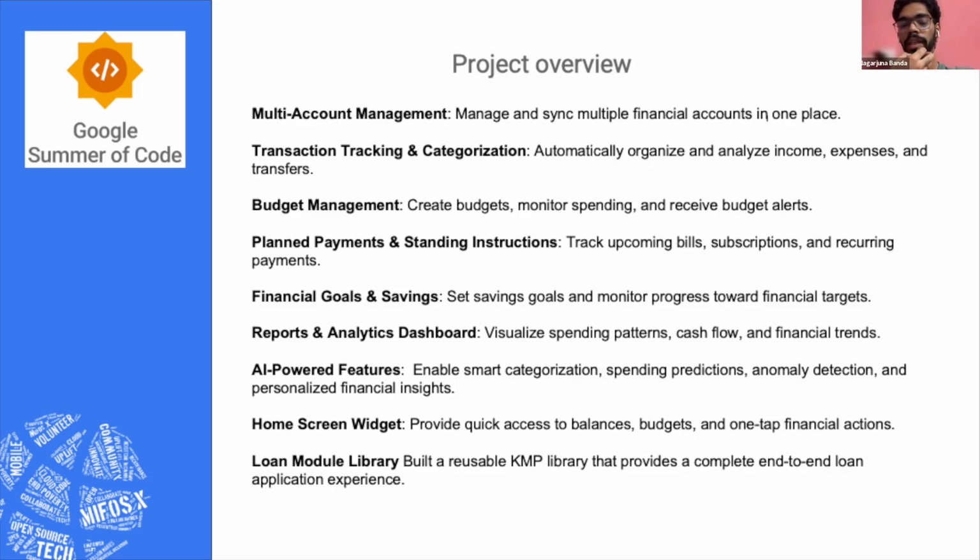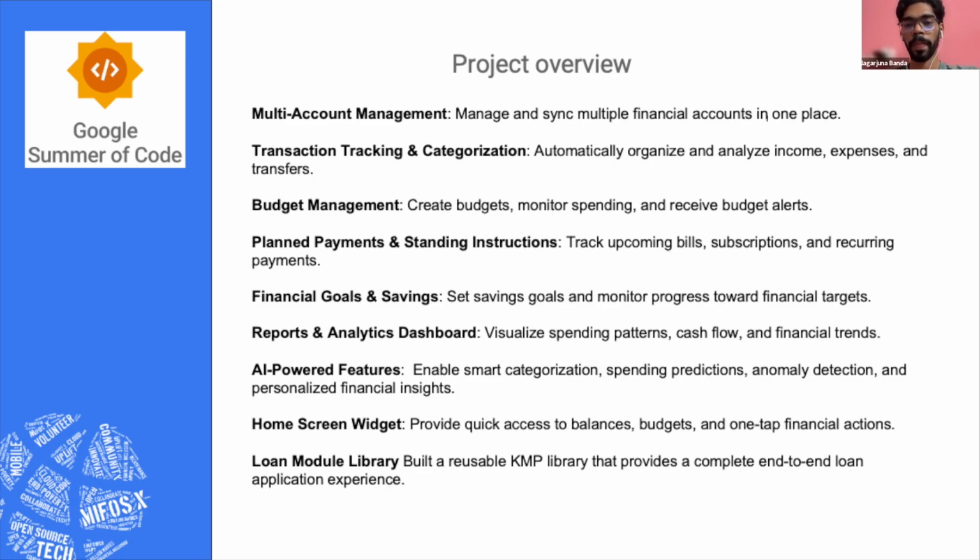Budget management, like creating budgets, monitoring spending, and receiving budget alerts. Planned payments and standing instructions, tracking upcoming bills, subscriptions, and recurring payments. And also financial goals and savings, where users can set saving goals and monitor progress towards their financial targets.